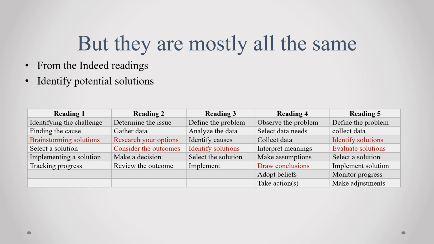And of course, everybody has a little different version of this, right? Research your options, brainstorming solutions, identifying solutions, sometimes drawing conclusions. But it could be, this idea of identifying what solutions are there, but then at the same time, I need to be able to evaluate those solutions, right? Identifying those solutions and then evaluating those particular solutions.